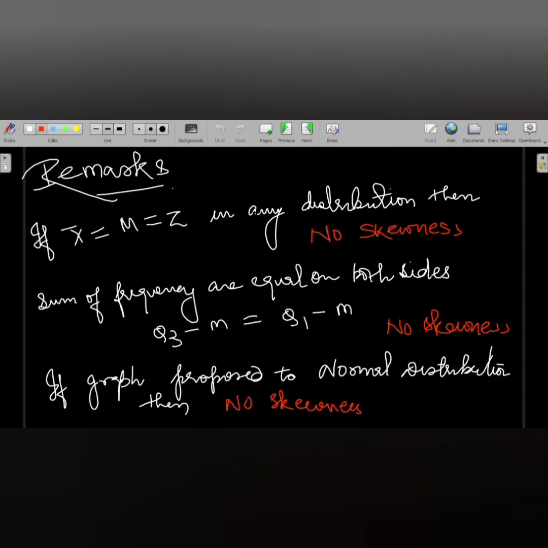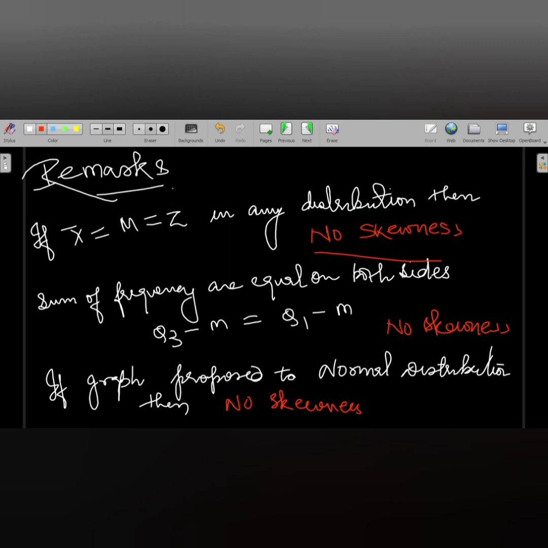Now remarks. These properties are the gist, which is very important. If mean is equal to median is equal to mode, we see that there is no skewness. Clear? If the sum of the frequency is equal on both sides, meaning Q3 minus median is equal to median minus Q1, then no skewness.